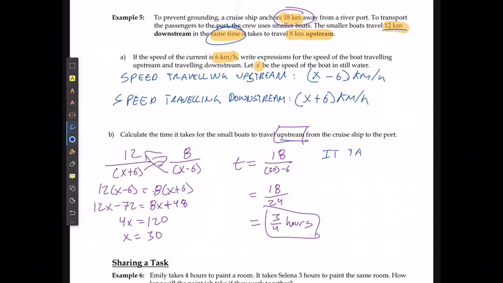It takes 3/4 of an hour to travel upstream to port.